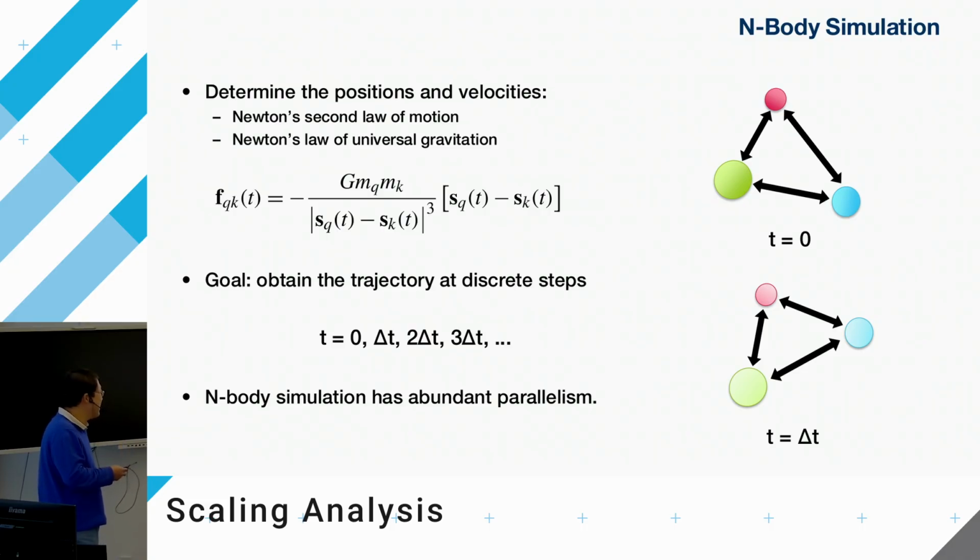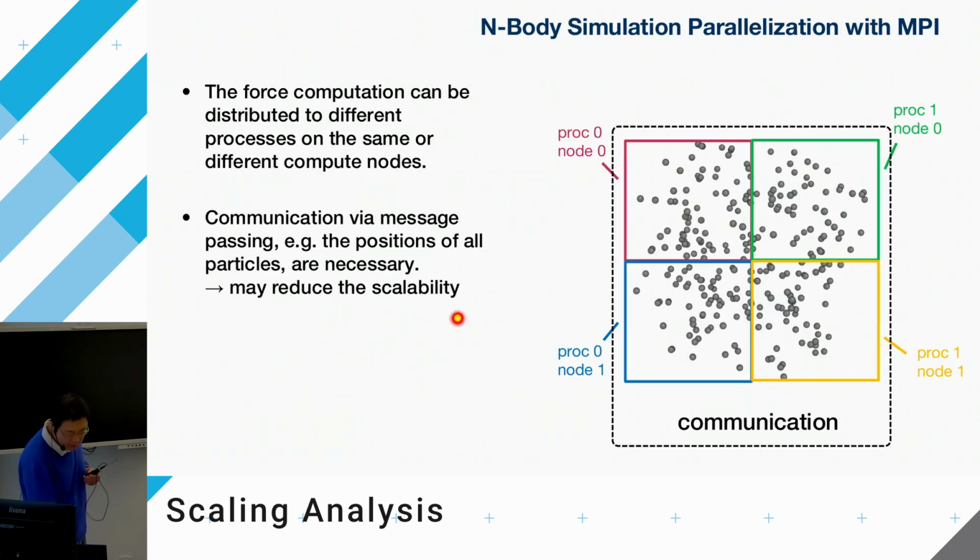This N-body simulation has a lot of parallelization inside. This means, for example, here we have a box of many particles, let's say 100 or 1000 particles, and then we can divide this box into process 0 on compute node 0, process 1 on compute node 0, and so on.